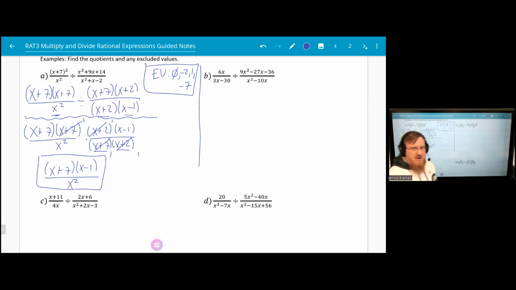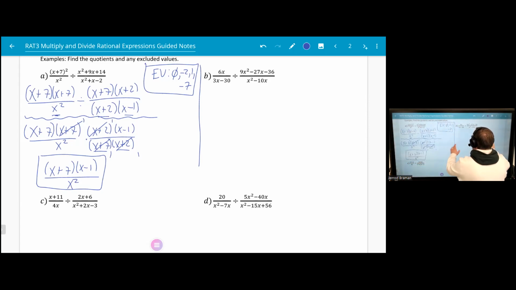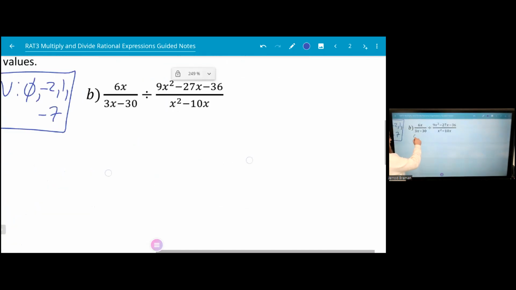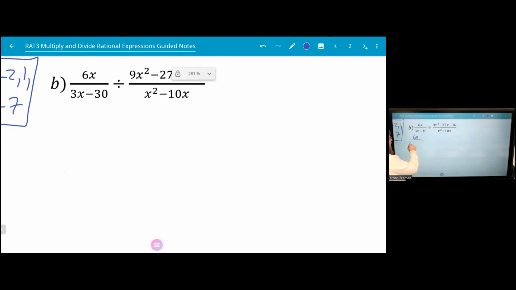All right, let's go ahead and try this one more time. This is letter B here. So I got 6x here, 3 times x minus 10, because that's my greatest common factor, divided by, let's see. Oh, that's a 9. I'm going to write this here.